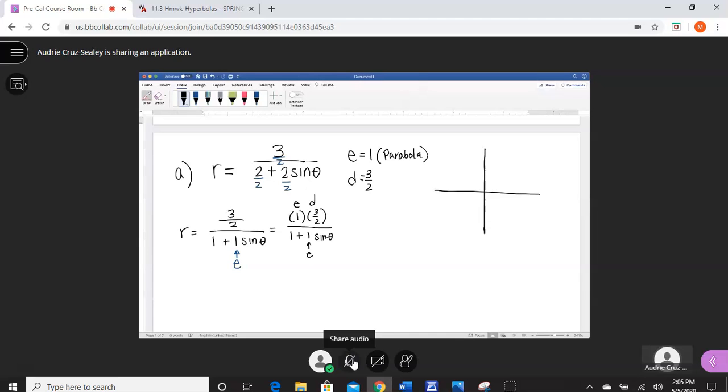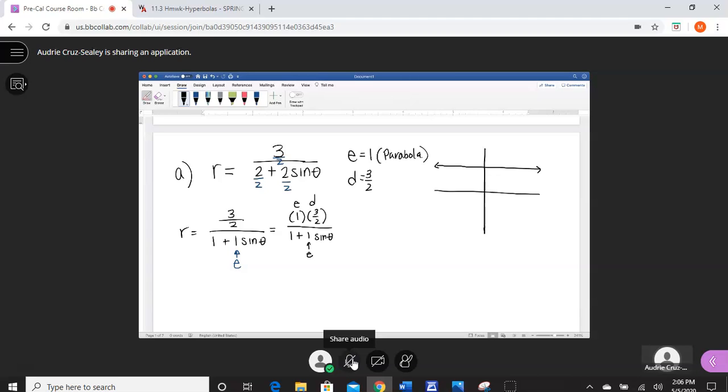Your eccentricity is 1, so this is a parabola. If you go back to the very important pictures, if you have 1 plus e sine theta in your denominator, then that means that your directrix is located here. Do we agree with that?